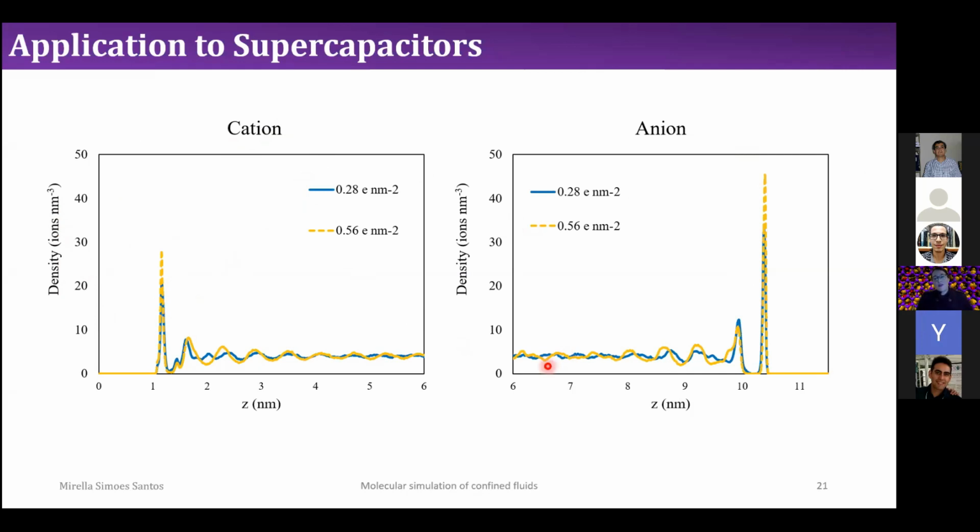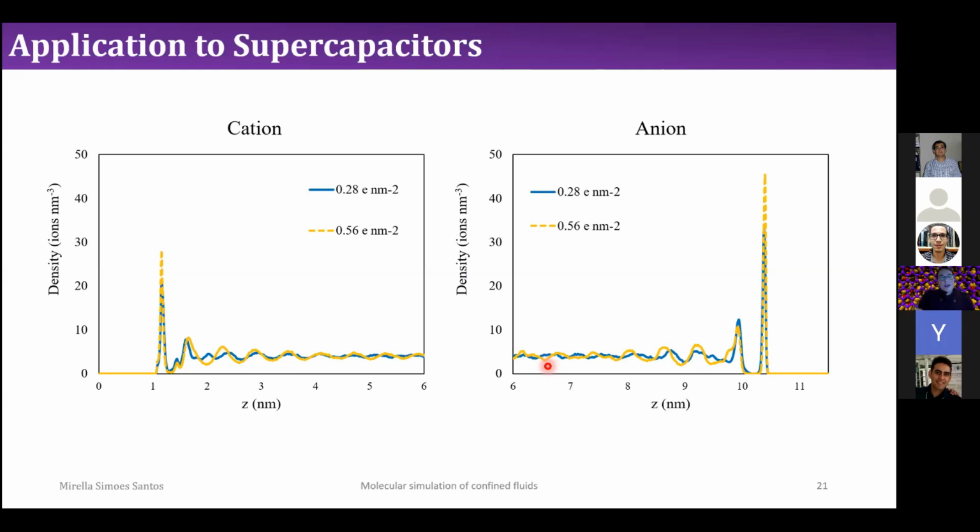So we see that closer to the positively charged electrode, a larger amount of anions is adsorbed when compared to the amount of cations that are adsorbed on the negatively charged electrode. And there are both steric effects as well as different interactions of the different ions.